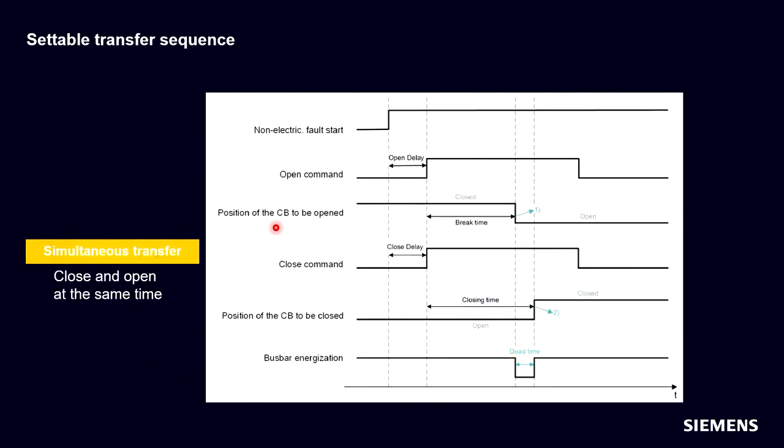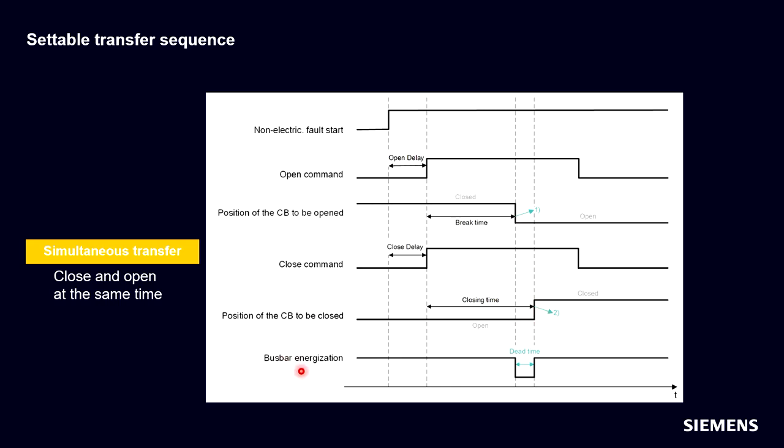And for the simultaneous transfer, for example, we do it differently. That means the close and open command are sent at the same time. And you see it here. So we are triggered by a non-electrical fault start, and the open command and the close command are sent at the same time. And we reach the position open and we reach the position close.